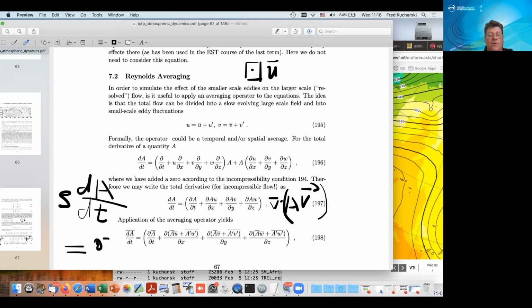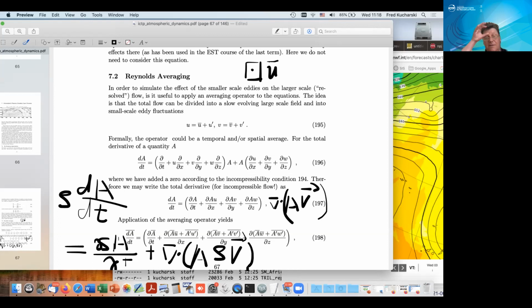And that would be equal to d rho A by dt plus, and now again the convergence of, here's a scalar product, A rho and V. So that would be the exact form of this.